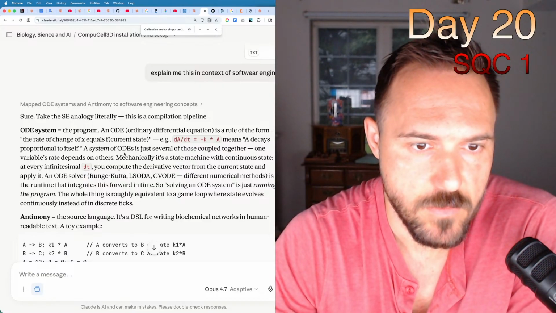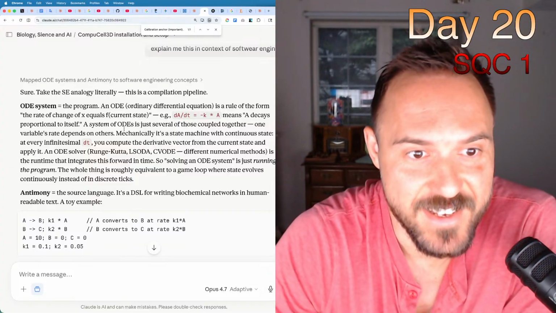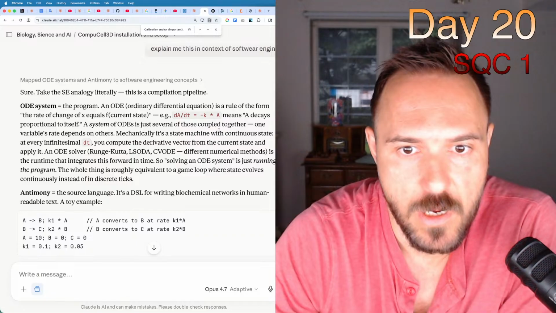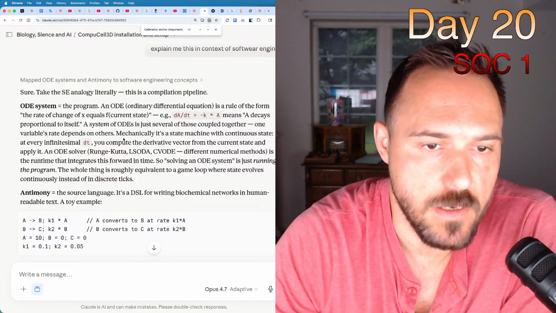A system of ODEs is just several of those coupled together, where one variable's rate depends on the other.